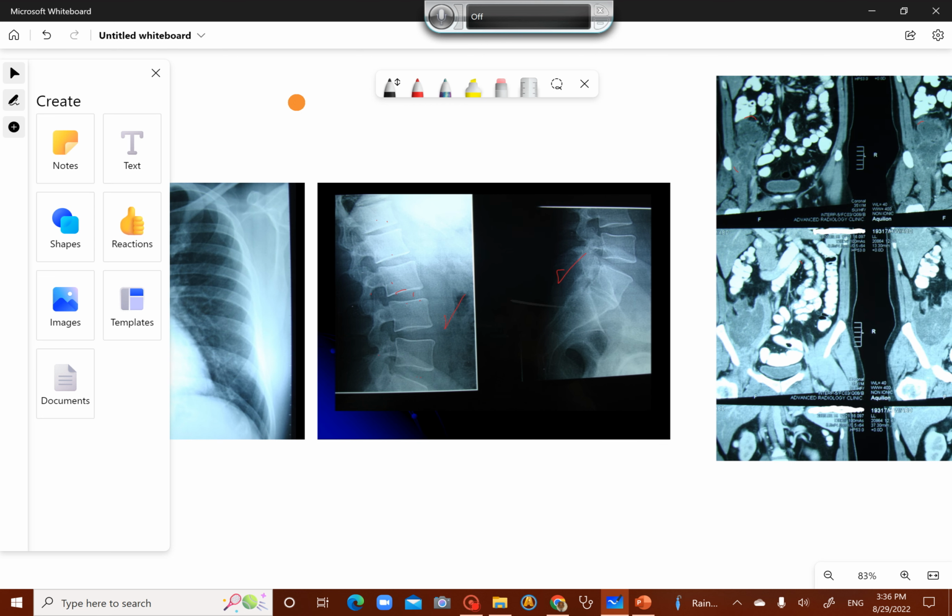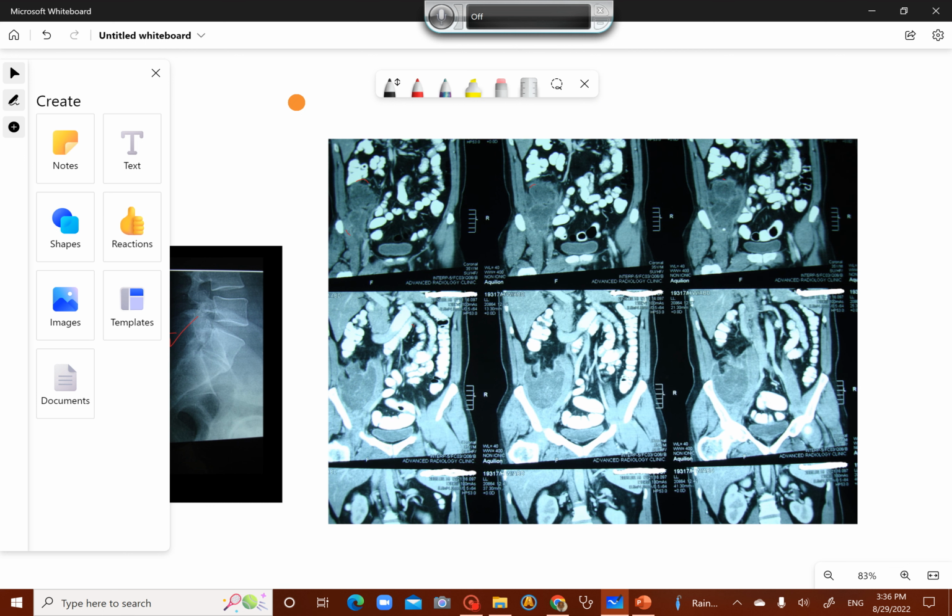Now we come to the CT abdomen, and this is the longitudinal view. Shows collection of lesion. This is an abscess in the right iliac fossa over here, over here.